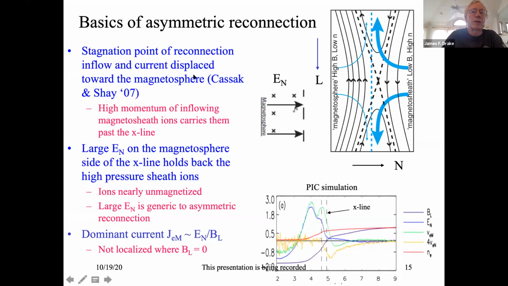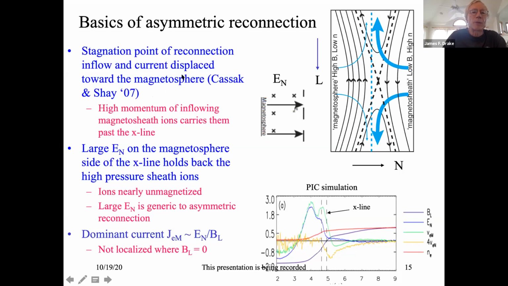In particular, there's been a lot of work on this historically, but the Cassak and Shay 2007 paper was an important contribution. One of the things they did was to try to figure out how the combination of the density in the sheath and the density in the magnetosphere combine to give you the outflow speed.